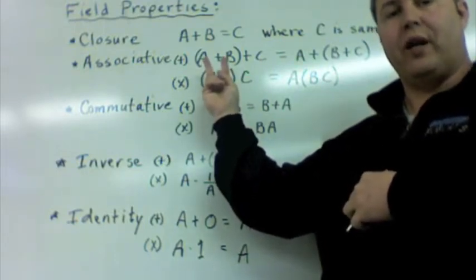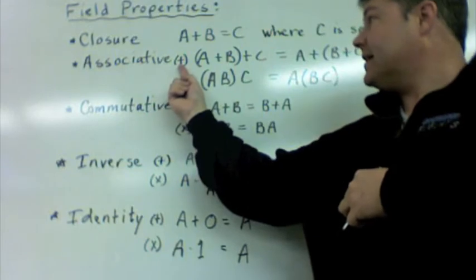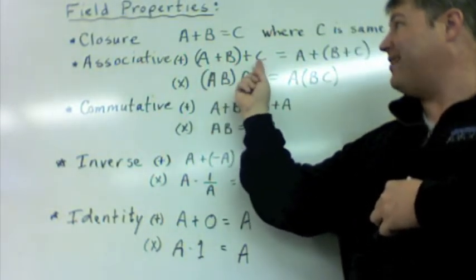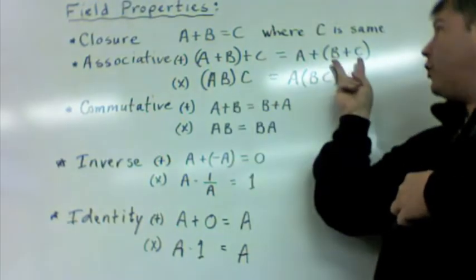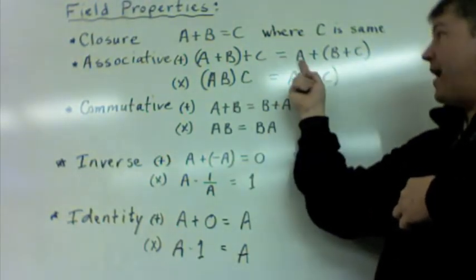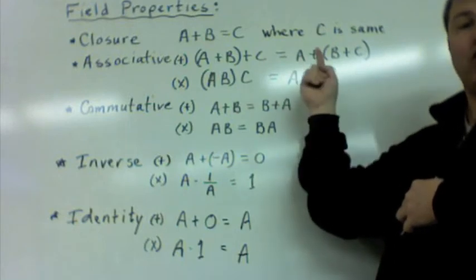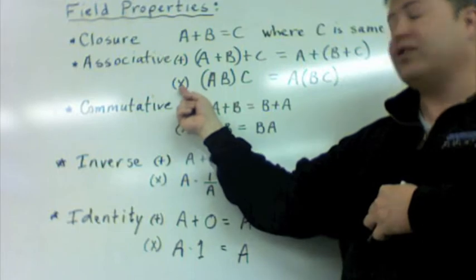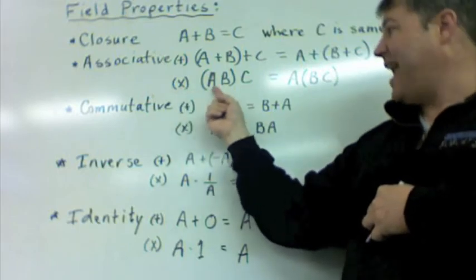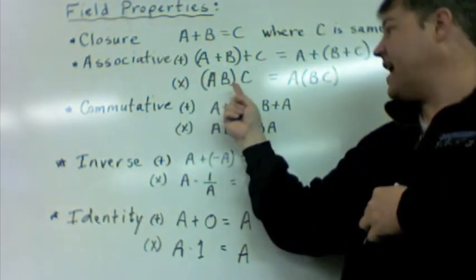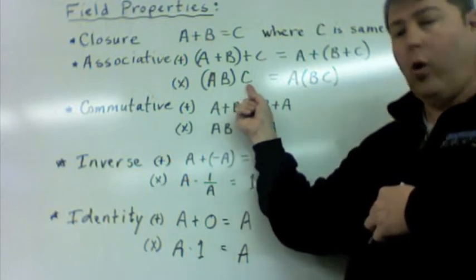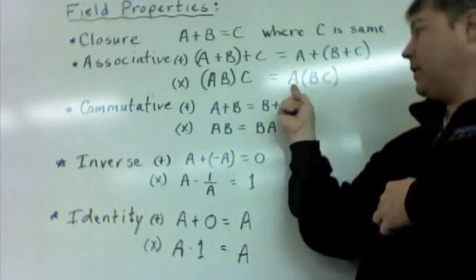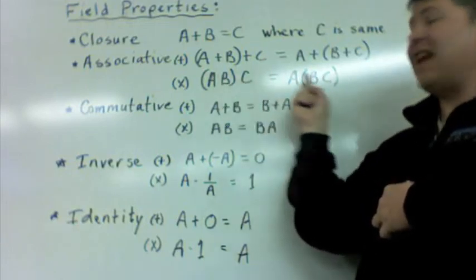The associative property with respect to addition says that it doesn't matter if you put the parentheses first and do A plus B and then add C, or if you add B plus C and then add A. You'll get the same answer either way. That's the associative property with respect to addition. There's also one for multiplication. I can take A times B and then take that times C, or I can take B times C first and multiply that by A. I'll get the same answer either way.